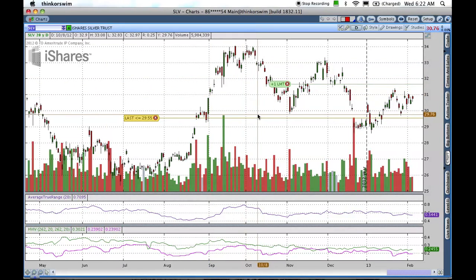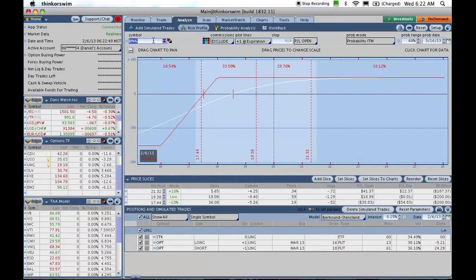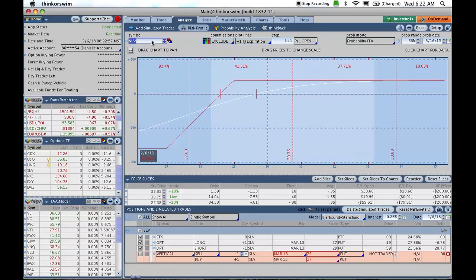So silver, we're also long silver, and it looks like the stop level that we have right now is about 25.55. So we go back over to the Analyze page, we can look at the silver position. And it looks like price is at 30.75, and again we have a little bit of an open profit in this position.